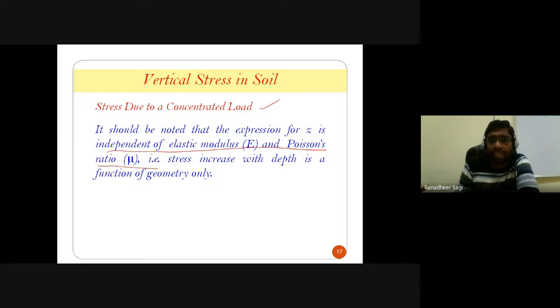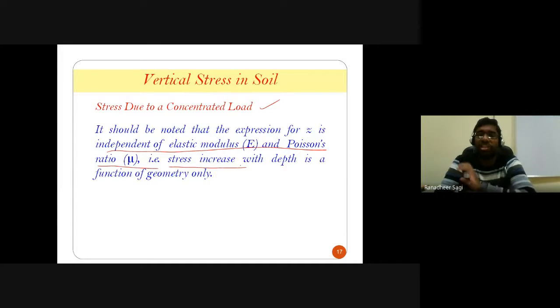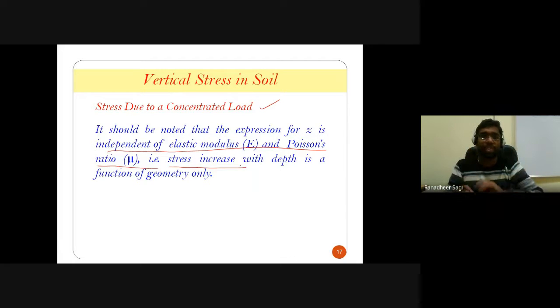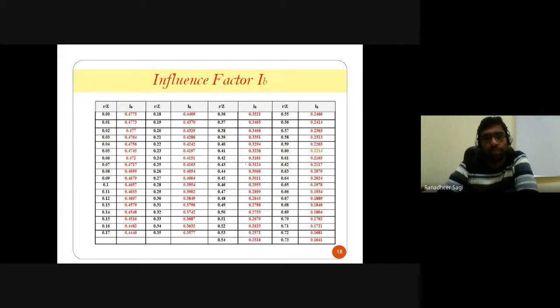Which means that the expression for stress is dependent only on the geometry conditions. Geometry conditions in the sense, where is that point A? In the depth direction, in the radial direction. You are looking only at the geometrical aspect, not the elastic property or the Poisson's ratio value of that particular soil.